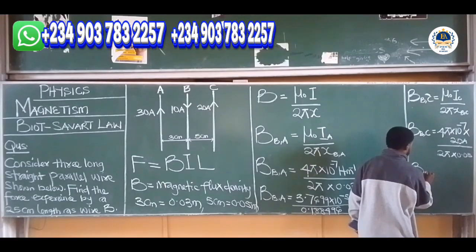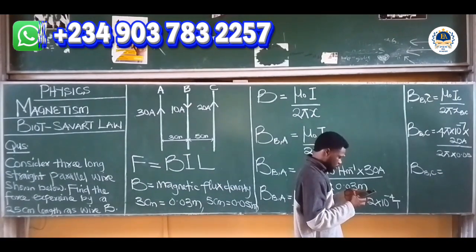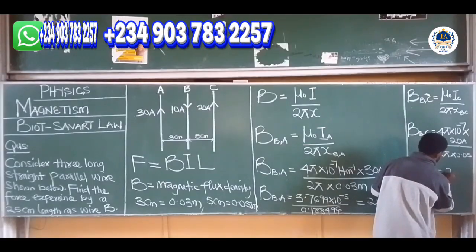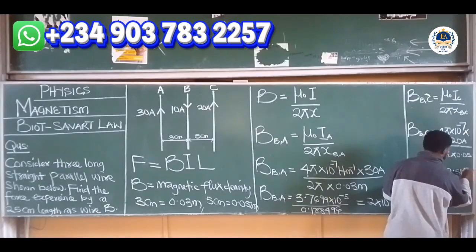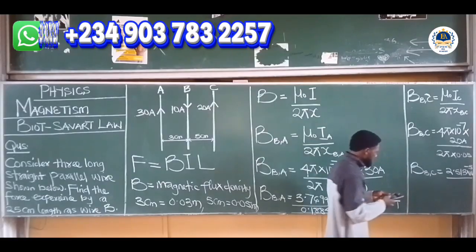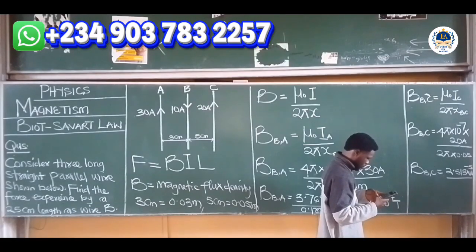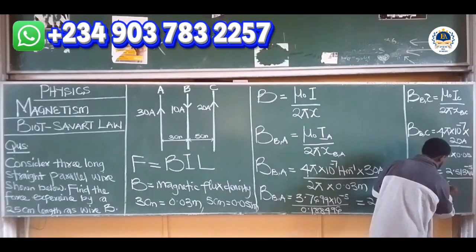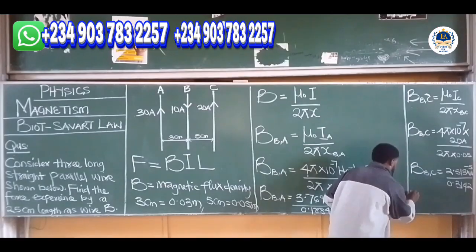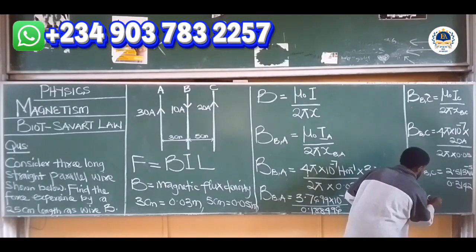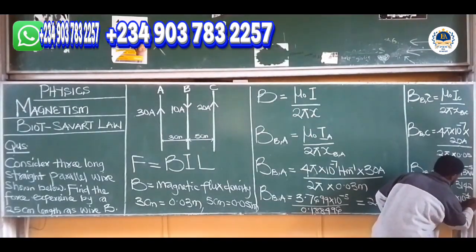Magnetic field produced by C at B is equal to 2.513 times 10 raised to the power of minus 5, divided by 0.3142, in Tesla.